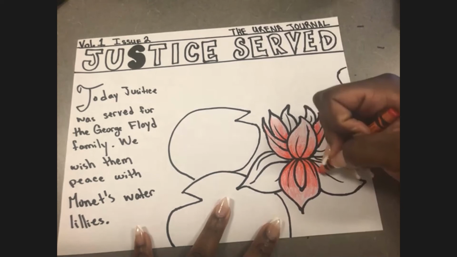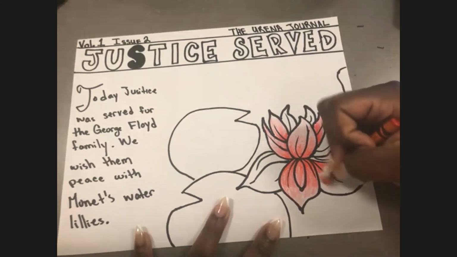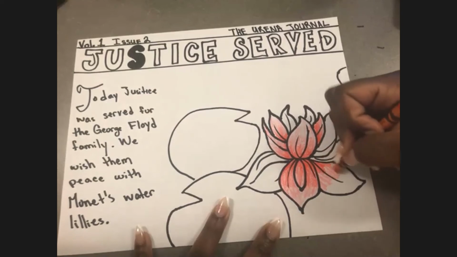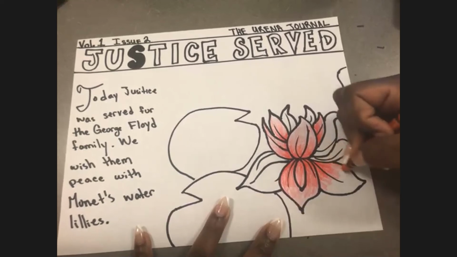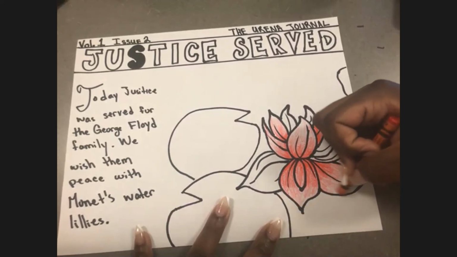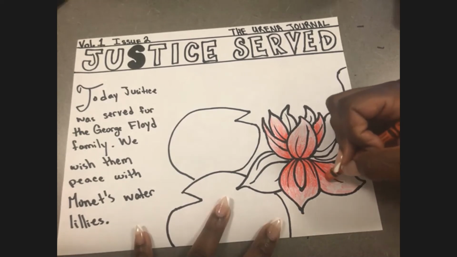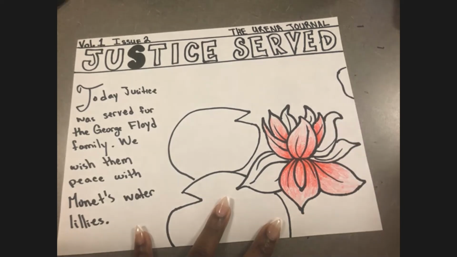And so here's another one. Another petal. And so I want you to color in your entire composition. So water lilies are in the water, so we're going to color the water as well.